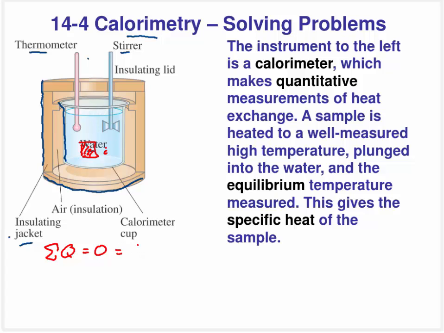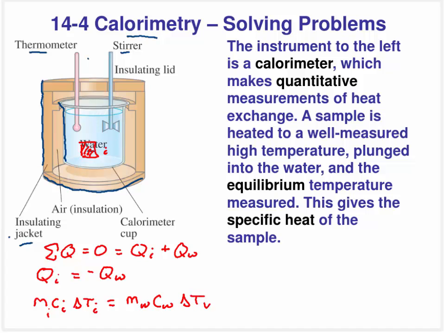So here we have the iron that has some energy associated with it, plus the water. And suppose I'm interested in the specific heat of the iron, I can say that the heat lost by the iron is going to be negative heat gained by the water. So mass times specific heat of iron times the change in temperature of the iron is going to be equal to the mass of the water, make sure that's iron, specific heat of water, which we know, and change in temperature of the water, which we can measure with this thermometer right here.